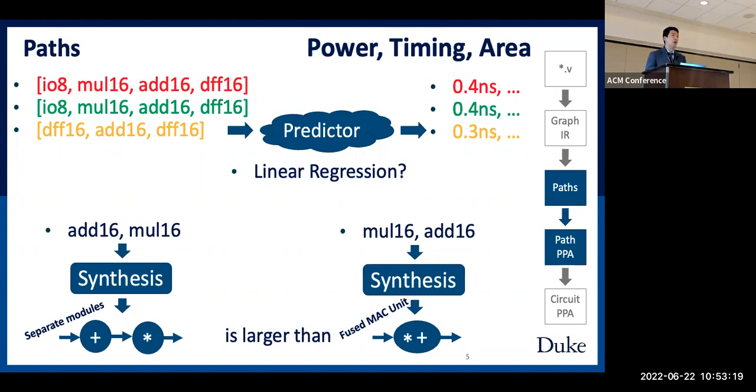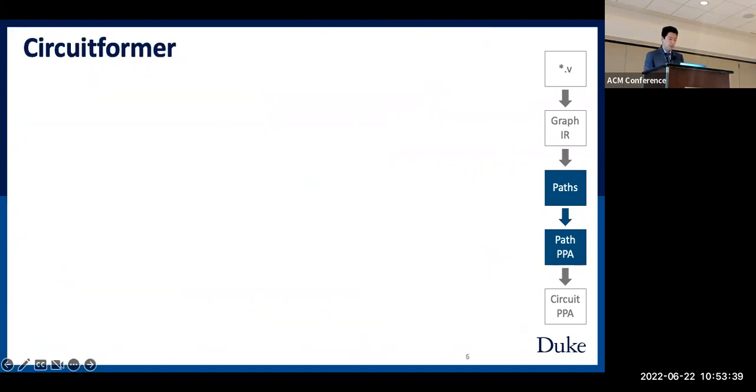So the linear regressor will always produce the same result for these 2 paths. More importantly, there are tons of optimizations that an EDA software does to a circuit, and it is the job of the SLS model to learn how the EDA software optimizes these circuits. And that makes the linear regression model not suitable for this task.